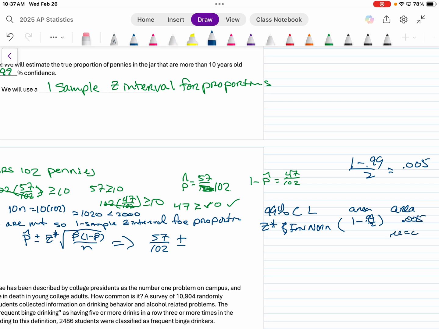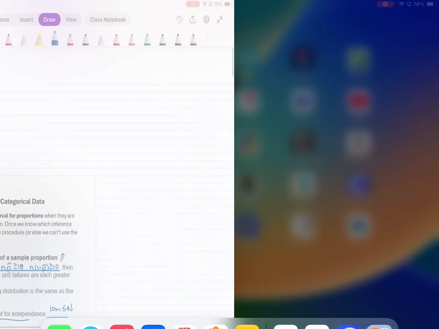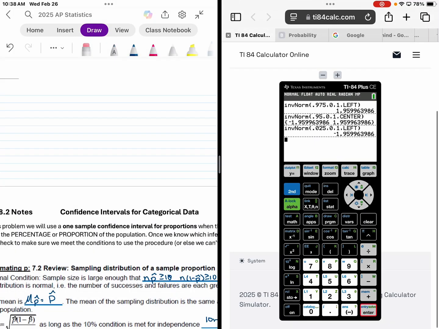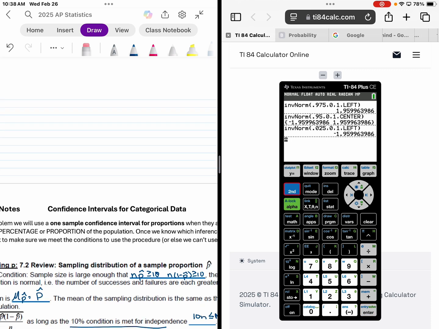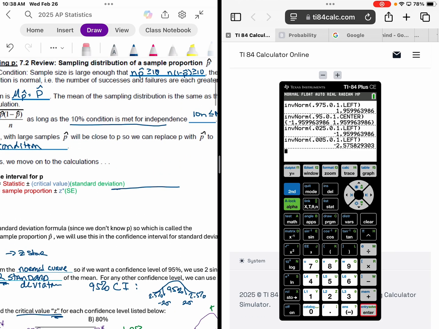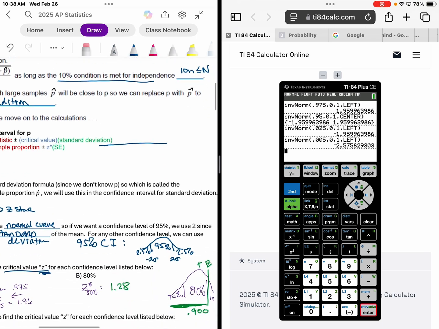My mean is 0. My standard deviation is 1. And so let's go to the inverse norm. Inverse norm of 0.005, 0 and 1 to the left. Again, if you want to do the center option, you can. There's multiple ways. So that tells me my decimal is 2.5758.